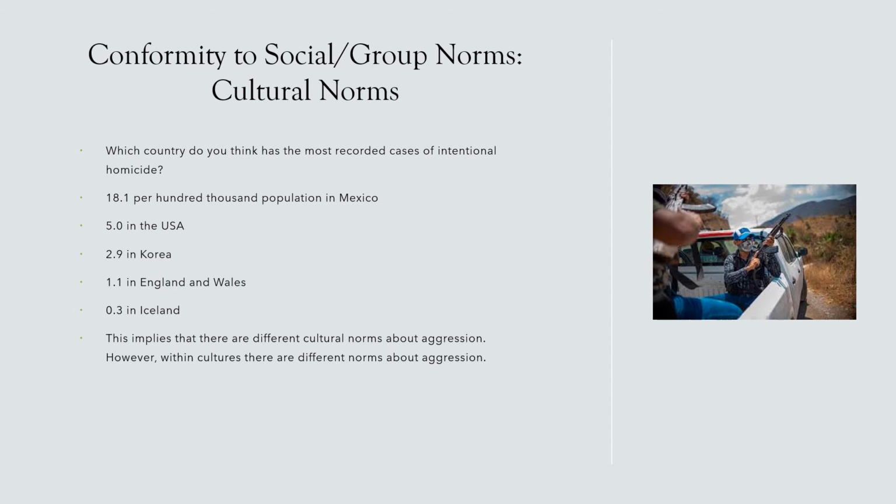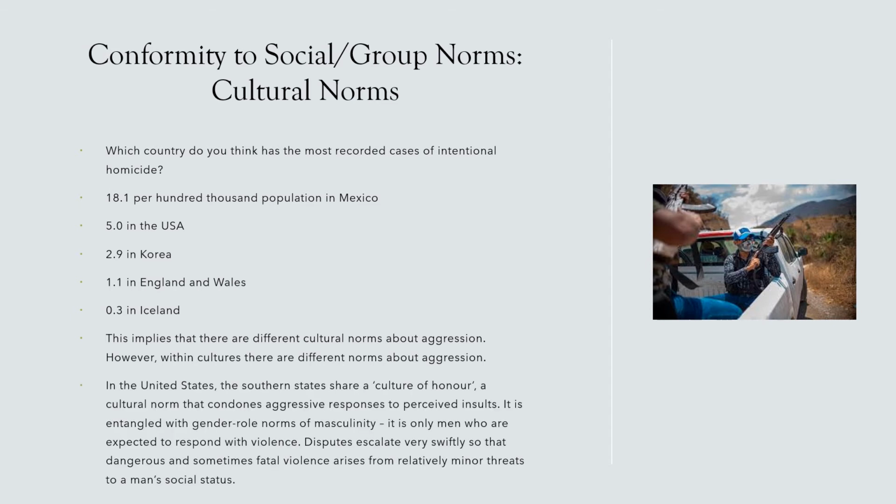So in some cultures, it's expected of you and it's kind of accepted that people are going to be aggressive. But even within those cultures, there are different norms about aggression. So obviously not everybody in Mexico will agree that aggression is okay and will be accepting of that.